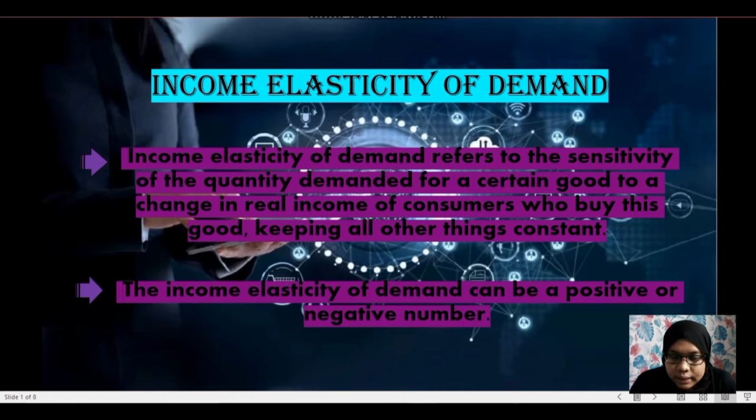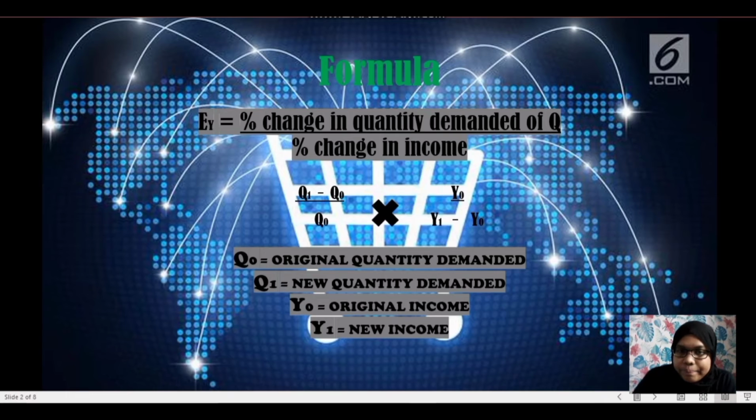The income elasticity of demand refers to the sensitivity of the quantity demanded for a certain good to the change in the real income of consumers who buy this good, keeping all other things controlled. The income elasticity of demand can be a positive or negative number. This is the formula: change in quantity demanded of Q divided by change in income.